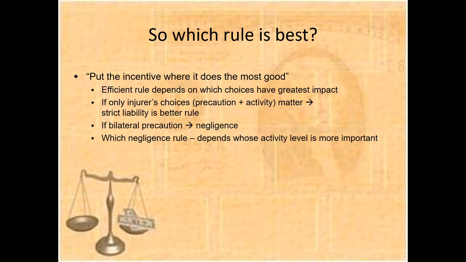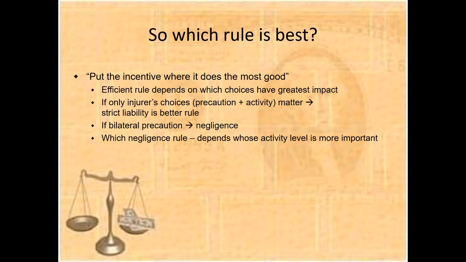Now, which negligence rule depends on whose activity level is more important. In the 12th and 13th lectures we mentioned this, and in the 12th we detailed the possibility of political economy intervention. We said that the third party's position itself is going to be very important, because the rule is assigned by the third party.